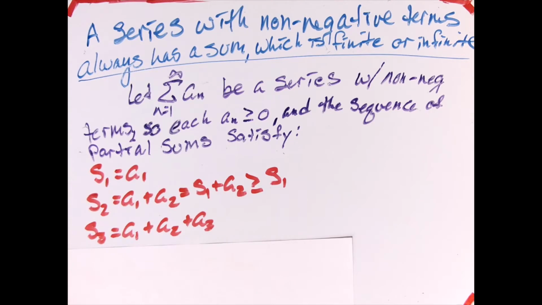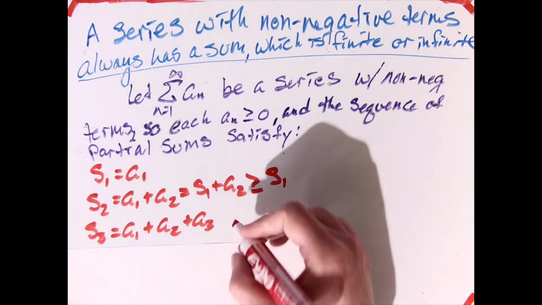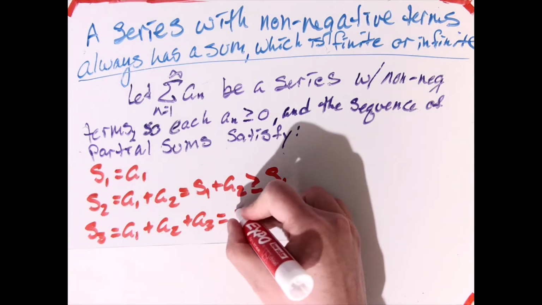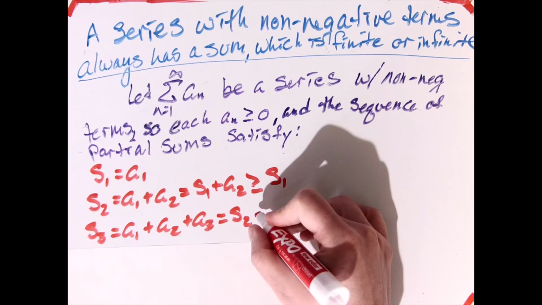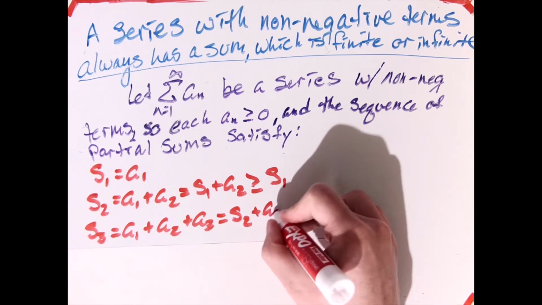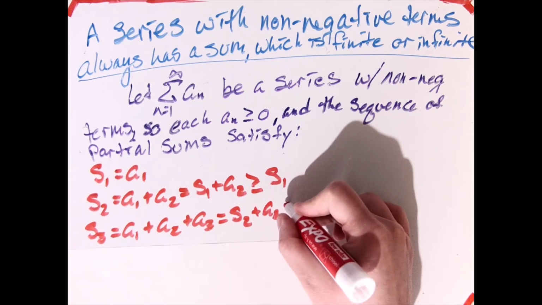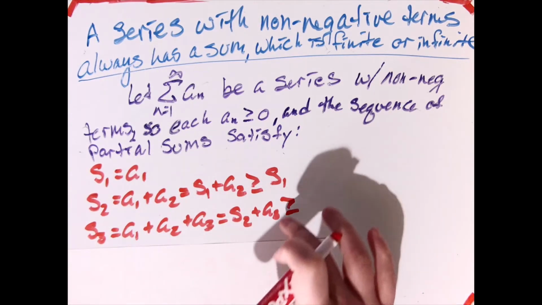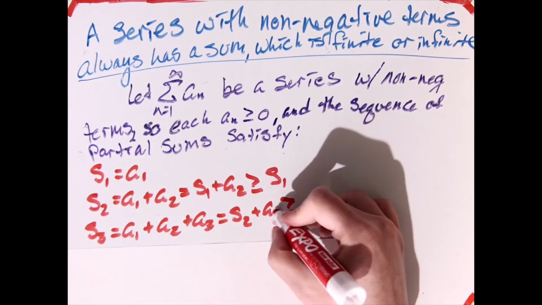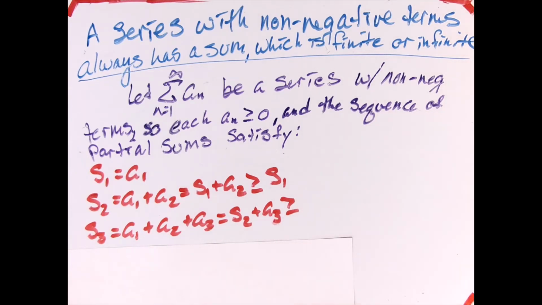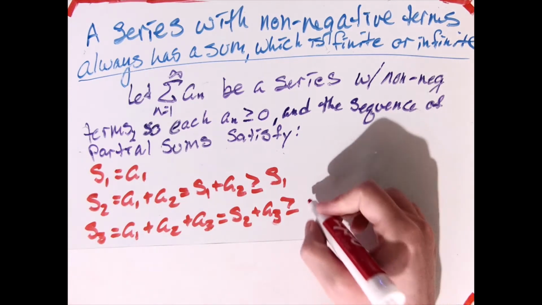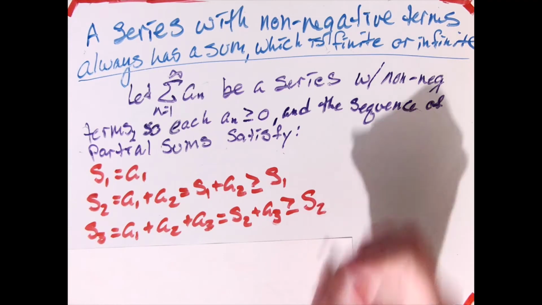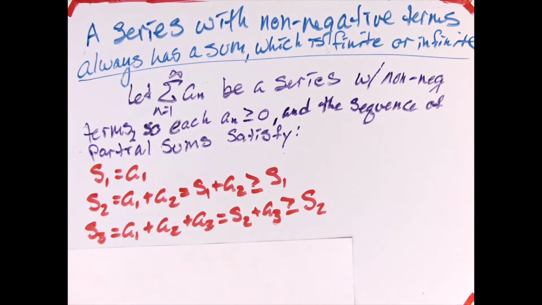On the third partial sum, it's the first three terms added together. Well, a1 plus a2, that's s sub 2. So that's really the second partial sum plus the third term, and because this third term a sub 3 is greater than or equal to 0, that means that this is greater than or equal to the second partial sum.